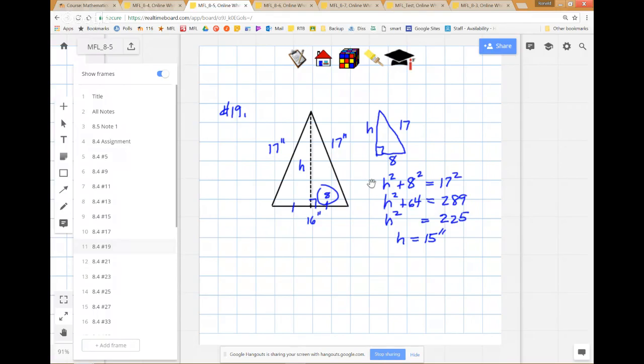One leg h squared plus the other leg 8 squared equals the hypotenuse 17 squared. 8 squared is 64. 17 squared is 289. Subtract 64 from both sides, 225. Take the square root, 15 inches. So the height is 15 inches.